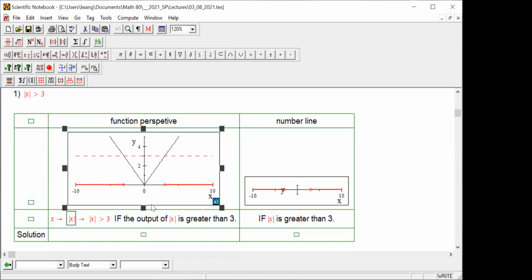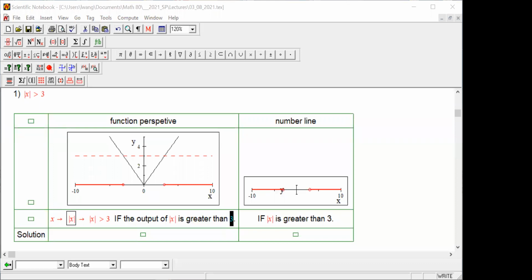But this time we want the output larger than 3. What we did before, those are smaller than 3. So now we want it to be larger than 3. So if these two points are -3 and +3 here, these are the inputs, and these inputs will make the output larger than 3.